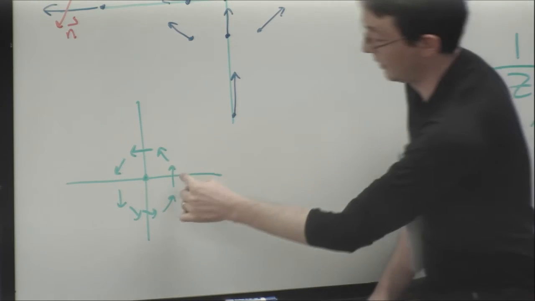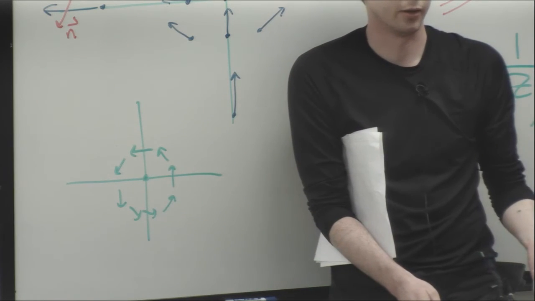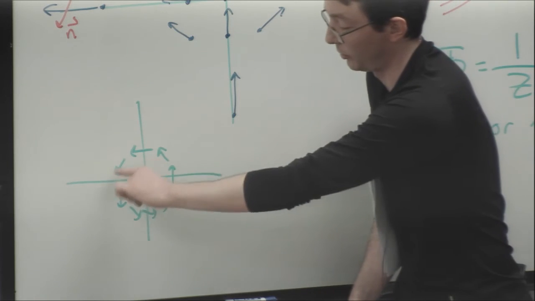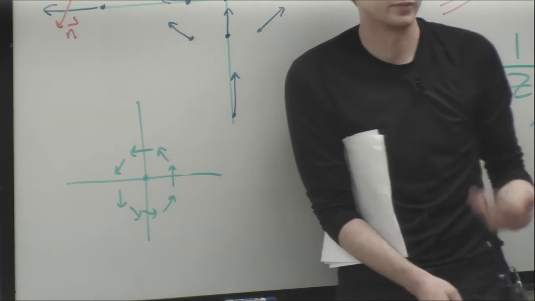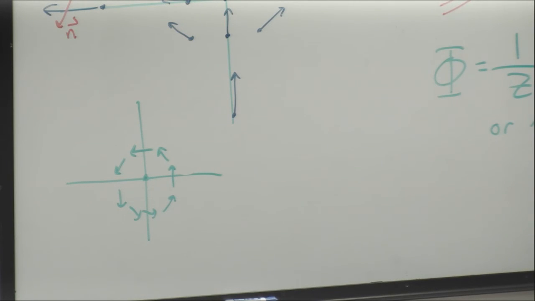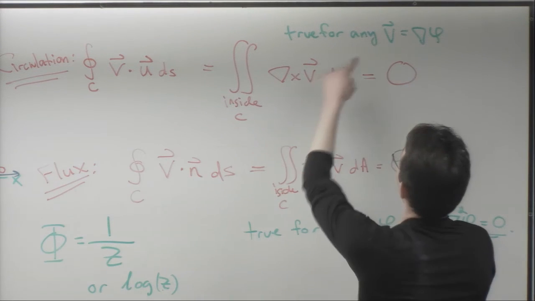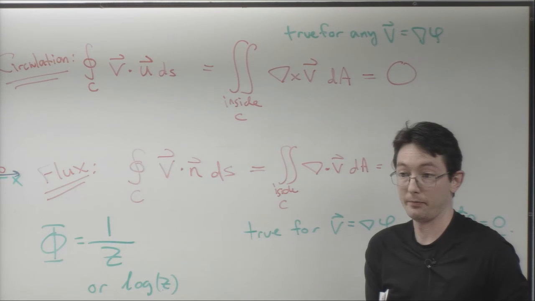If I integrate over this contour C, the tangent component, it adds up to something that's non-zero. This is what we want if we're going to be in an airplane. We want our airplane wing to be essentially a streamline with positive circulation. And so it means that my curl is not equal to 0 everywhere. And it means that my vector field is not a potential, the gradient of a potential.